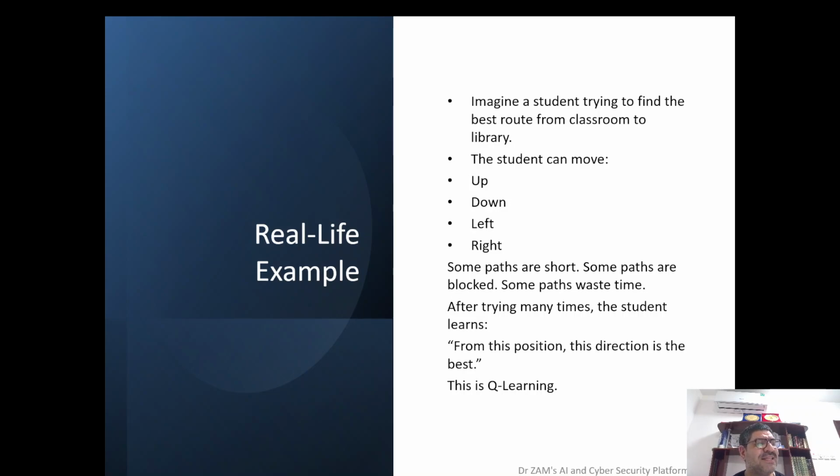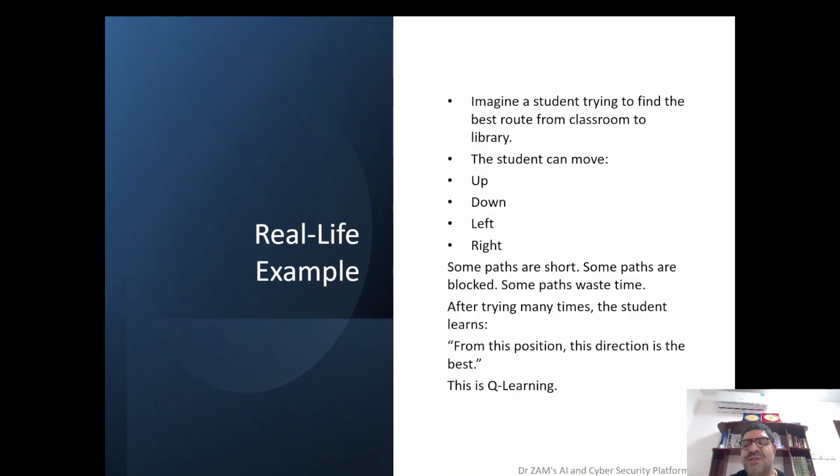You can take a real-life example: we can imagine a student trying to find the best route from classroom to library. The student can move up, down, left, right. Some paths are short, some are blocked, some paths waste time. After trying many times, the student learns that from this position, this direction is the best. So this is Q learning.